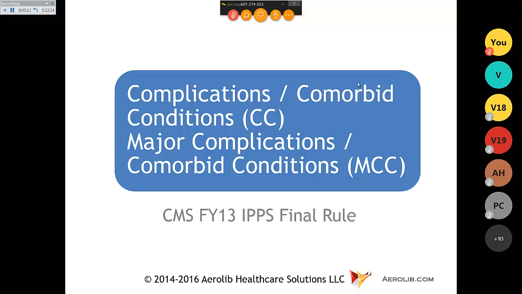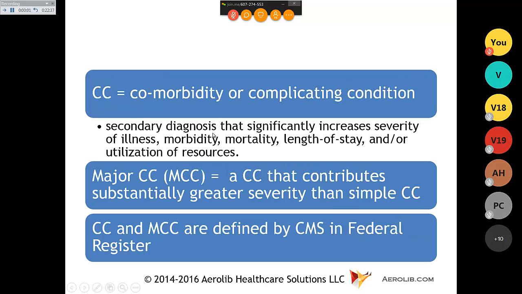Now, how this affects documentation is there's another set of semantics called comorbid conditions or major complications or major comorbid conditions, or the MCCs. And what these do is these are secondary diagnoses that increase the severity of illness.